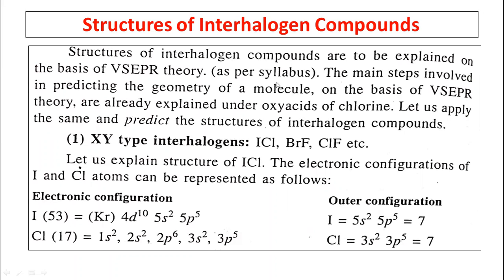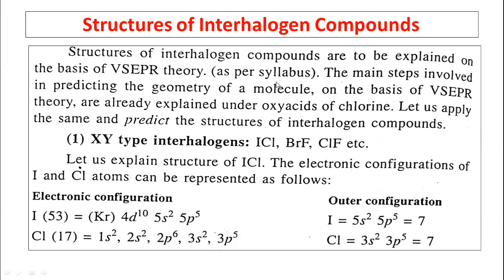The main steps involved in predicting the geometry of a molecule on the basis of VSEPR theory were explained in the case of oxyacids of chlorine. On the basis of VSEPR theory, we know the structure of oxyacids of chlorine.